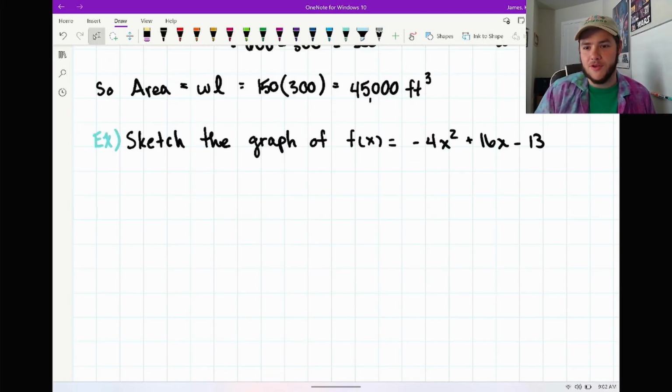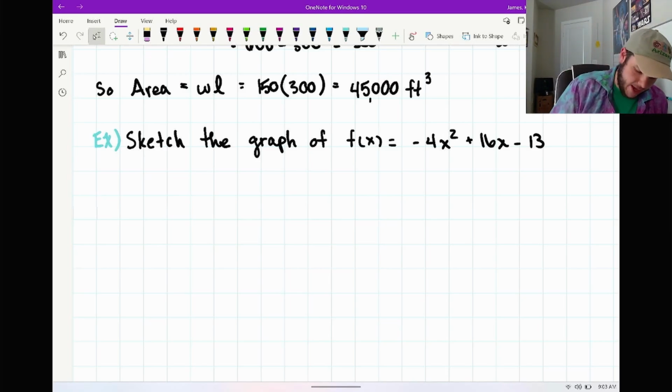One last problem for us to try. All of this information put together, let's sketch the graph of f of x equals negative 4x squared plus 16x minus 13. Now, we could find the, in this case, maximum, since a is a negative number, and then plot a few other points. Let's go through and do that.